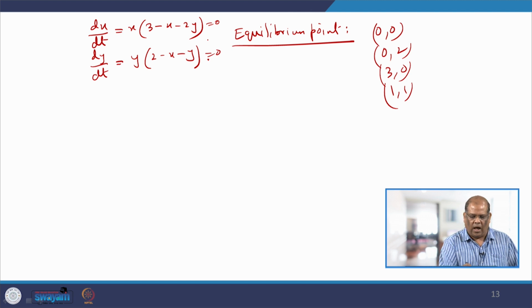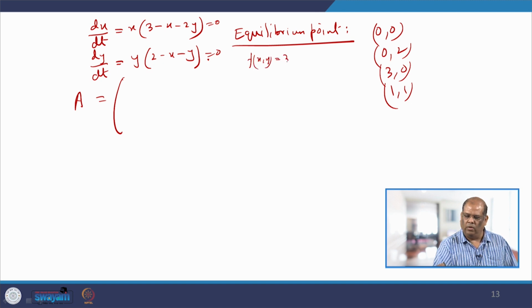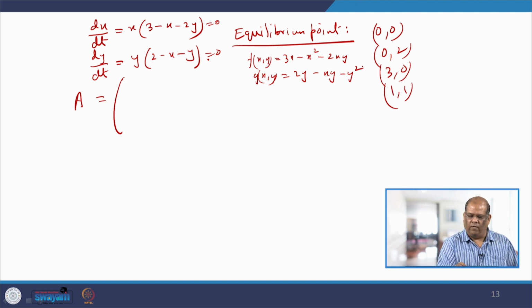So, the next thing is I will calculate A. So, f(x,y) is equal to 3x minus x square minus 2xy, g(x,y) is 2y minus xy minus y square. So, del f del x is 3 minus 2x minus 2y, del f del y is minus 2x, del g del x is minus y, and del g del y is 2 minus x minus 2y.